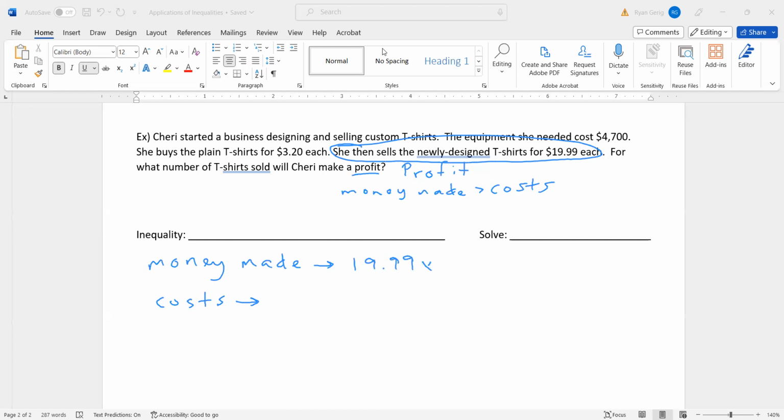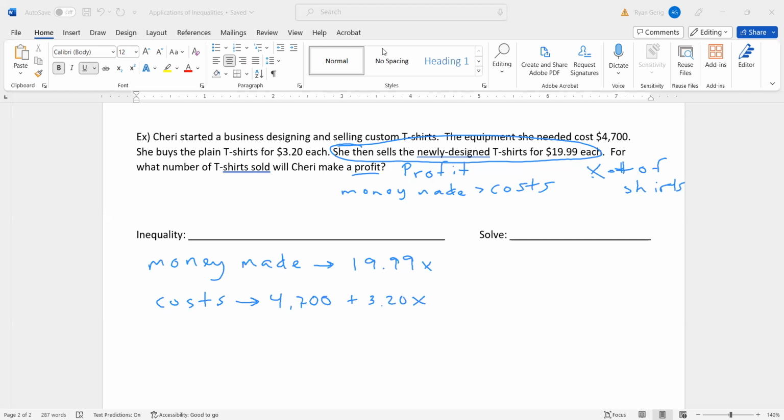So I'm going to use X to stand for number of t-shirts. All right. Her costs, well, the equipment is $4,700. And she buys the plain t-shirts. That's a cost. So it's an added cost of $3.20 per t-shirt.